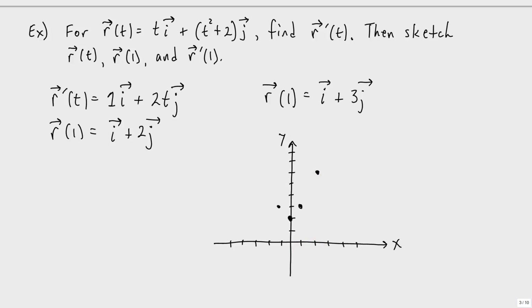So basically we're looking at this curve here with this orientation. So that would be r.